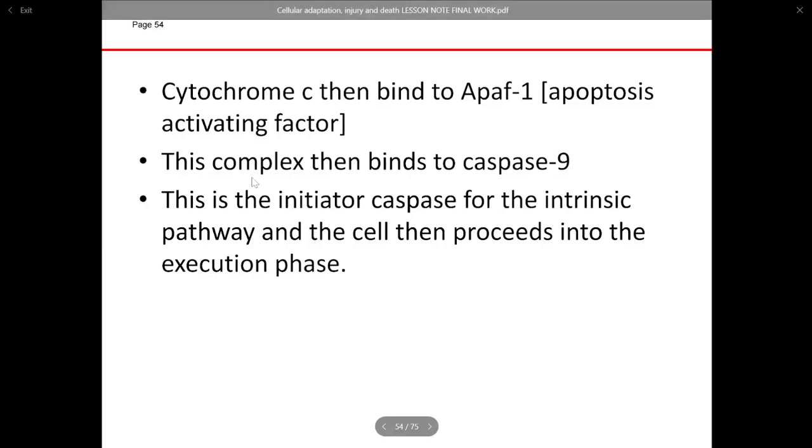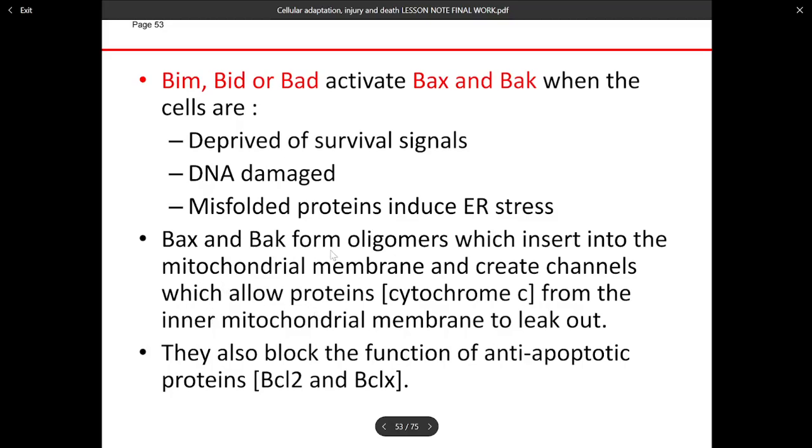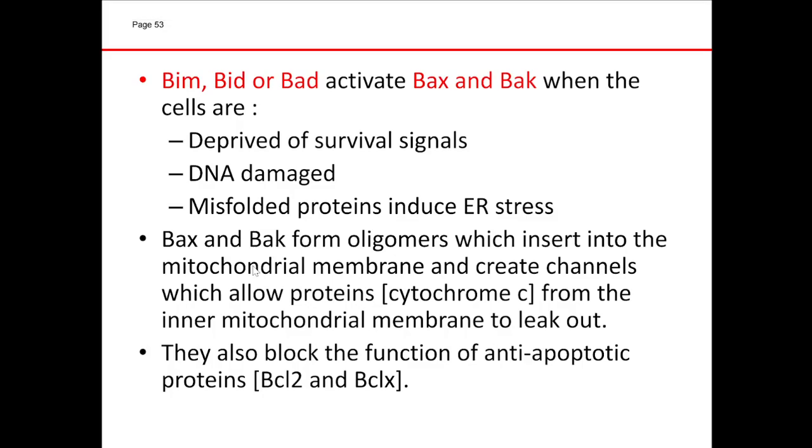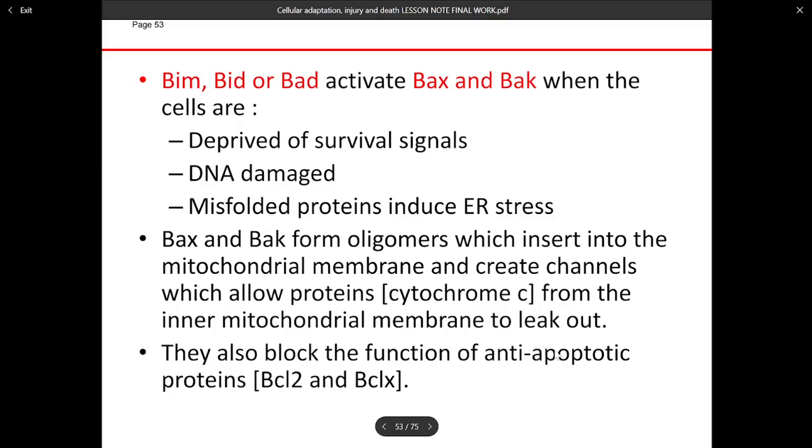Apart from activating the pro-apoptotic genes, BIM, BID, and BAD also block or inactivate the anti-apoptotic genes, BCL2 and BCLX. The anti-apoptotic genes inhibit the process of apoptosis, right? So BIM, BID, and BAD, which regulate the process of apoptosis, also block the anti-apoptotic genes.